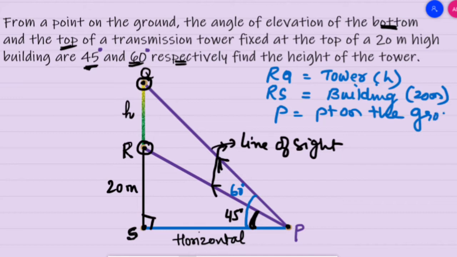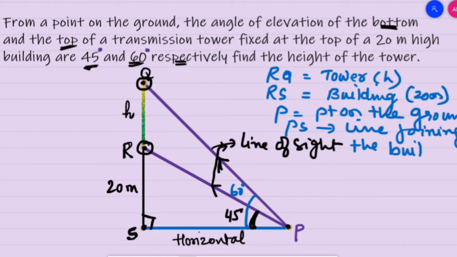Now PS is the line joining the building with the point, the horizontal line. I have told you, you have to take care of the vertical as well as the horizontal line, which makes 90 degrees. Now this is what we have to write initially before going to solve the question.